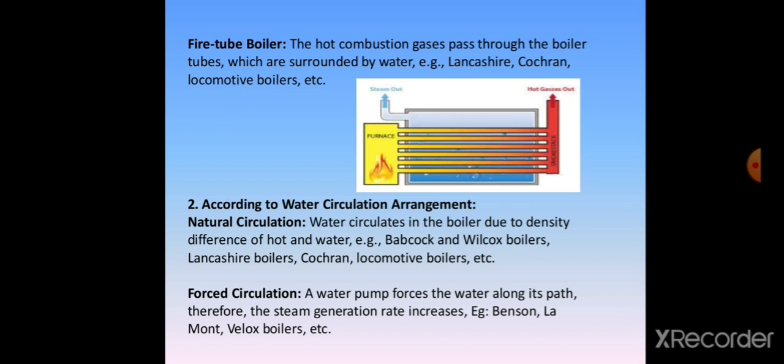Now another classification is based on the circulation of water, that is natural circulation and forced circulation. See, in natural circulation, when the water gets heat from the burnt fuel, the lower layer in contact with the heated zone first gets the temperature or the energy, and when it gets the heat there will be a change in the density of this layer.